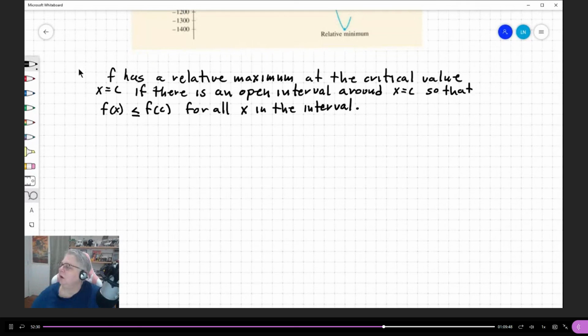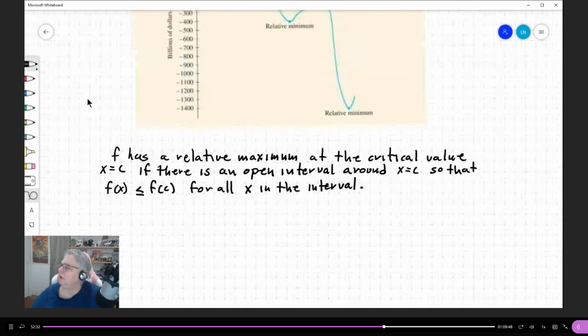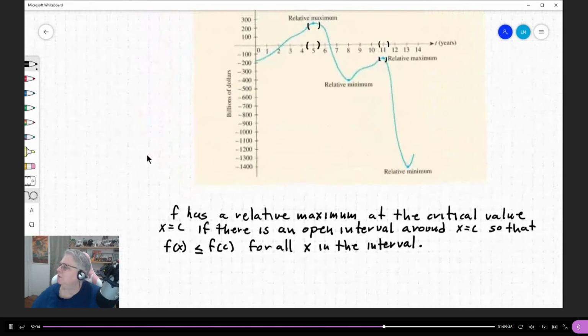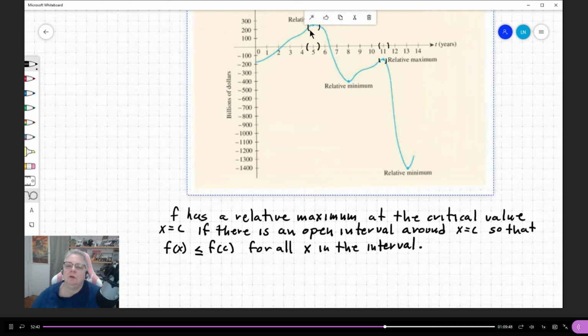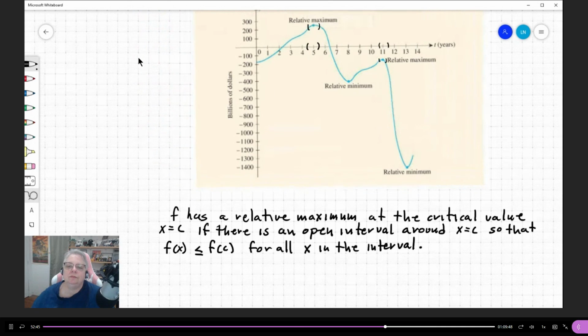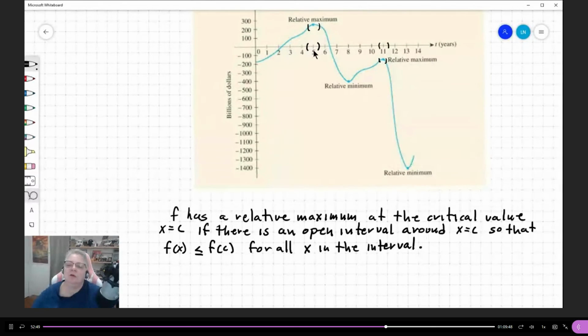Again, the way that corresponds is, if you look up here, my critical value is 5.